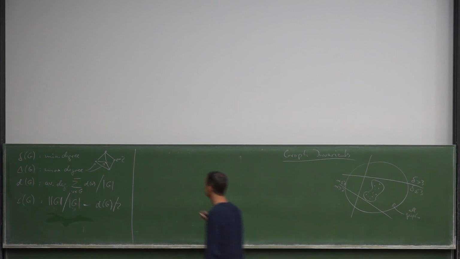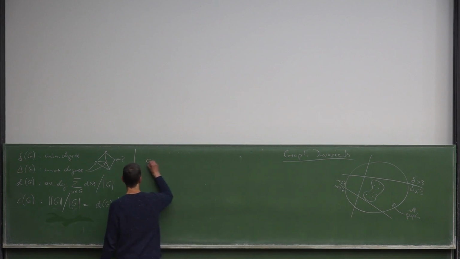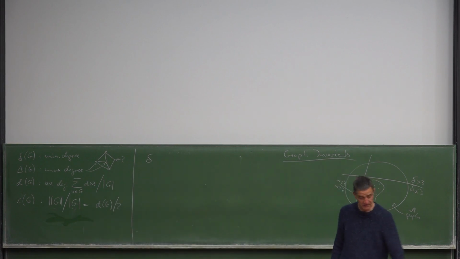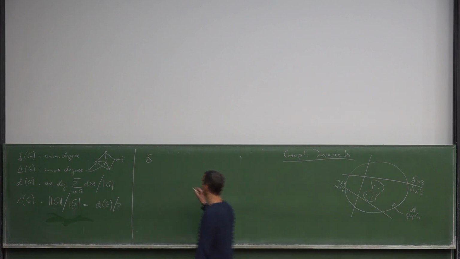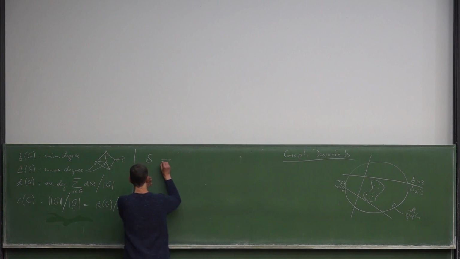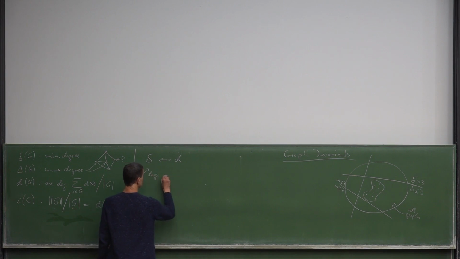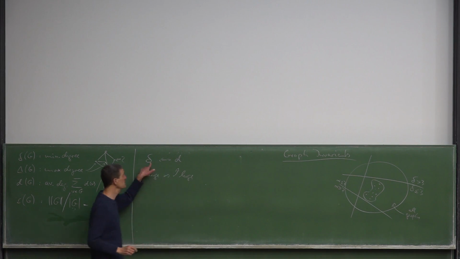So let's look at, say, the min degree and the average degree. So if this is large, then that's large. Right? The average is certainly no less than the minimum.